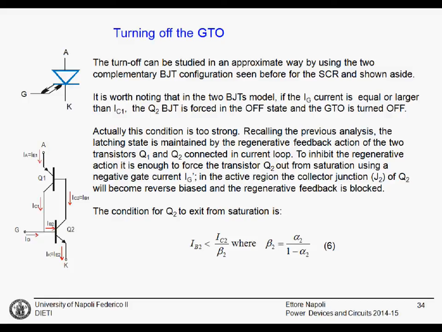We can approximately study the turn-off of the GTO using the circuital model with two BJTs that we have seen before.